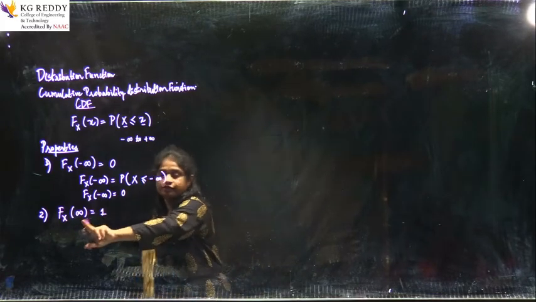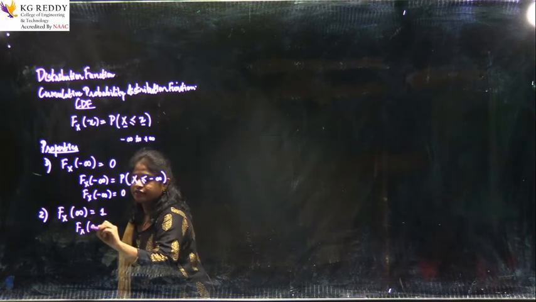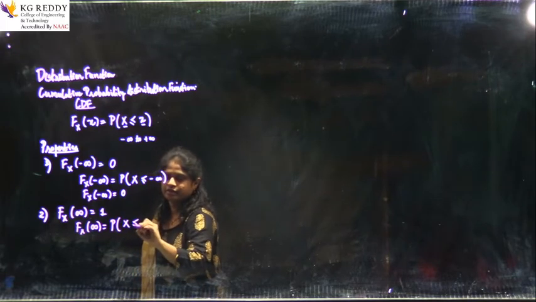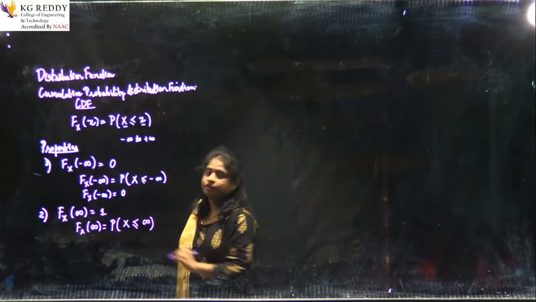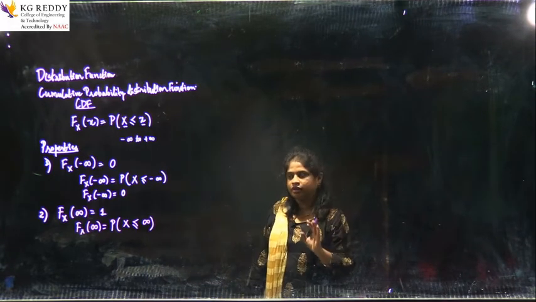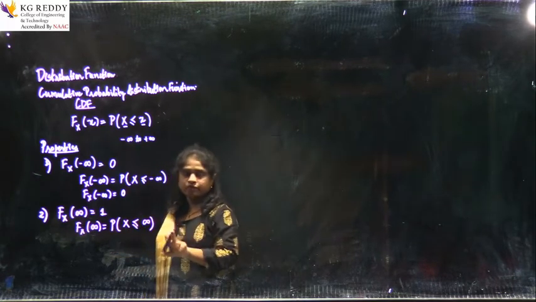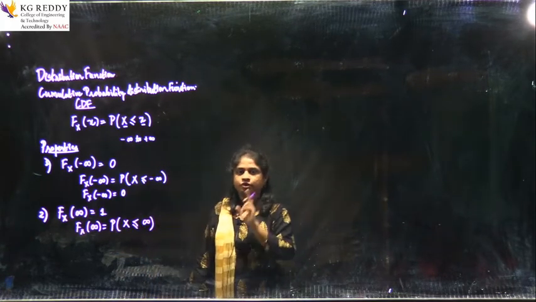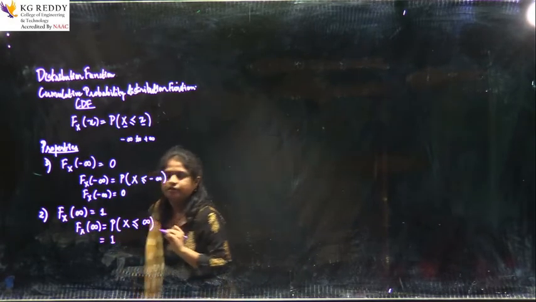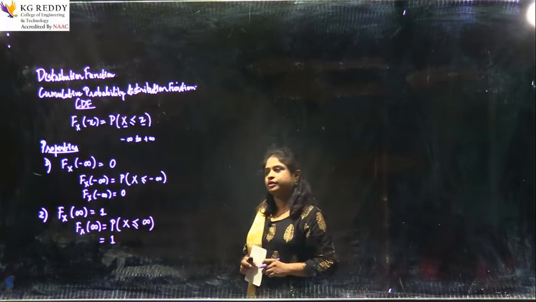Fx of infinity is the probability of X less than or equal to infinity. Less than or equal to infinity means all the real numbers will be coming into the picture. So, what is the total probability value? The total probability value will always be equal to 1. That is why the cumulative distribution function of infinity will be equal to 1.